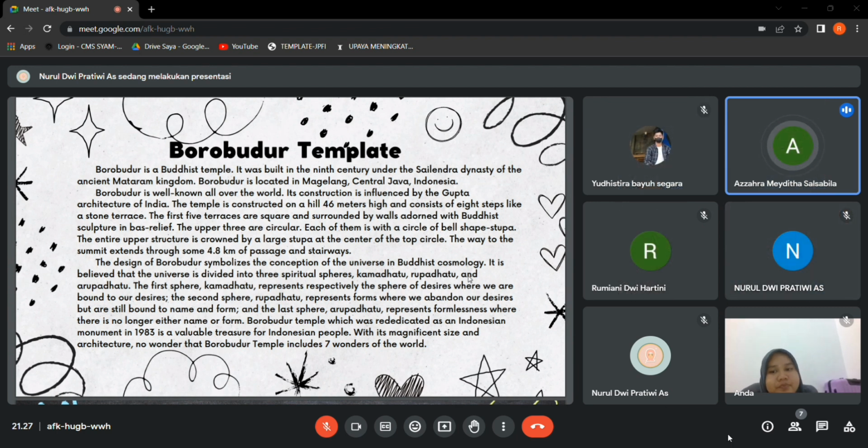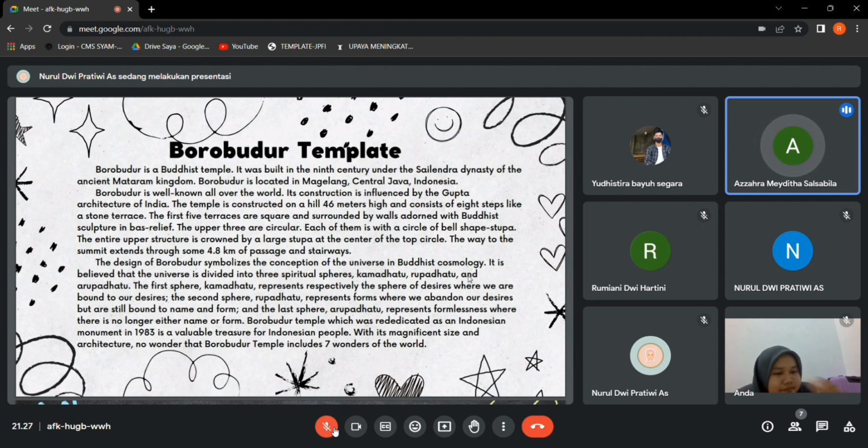And next is, what crowns the entire upper structure of Borobudur temple? Can anybody answer the question? Me, ma'am. Yes, please. The entire upper structure is crowned by a large stupa at the center of the top circle.